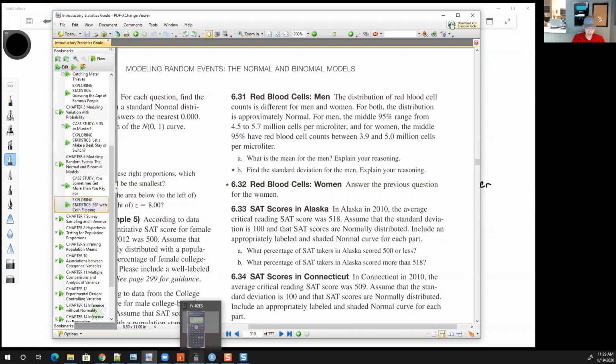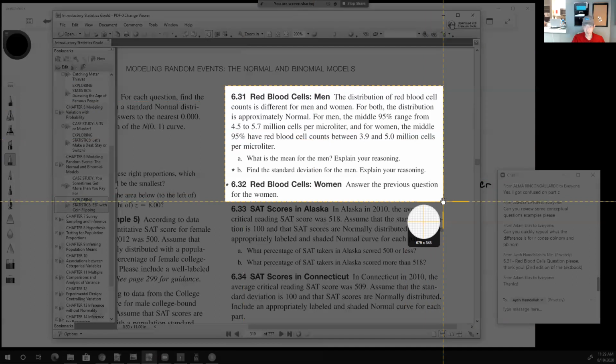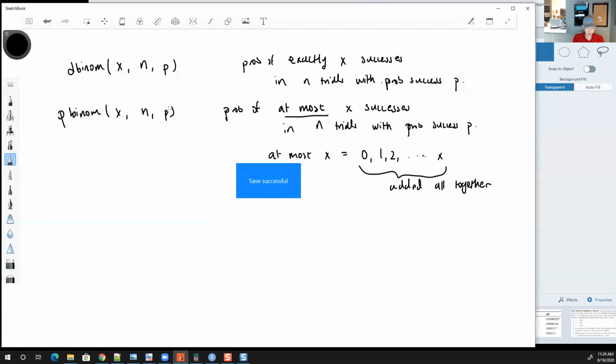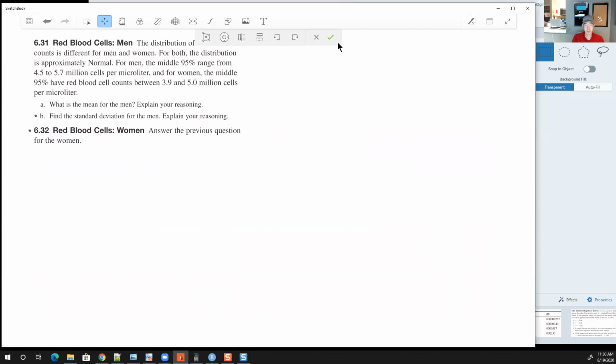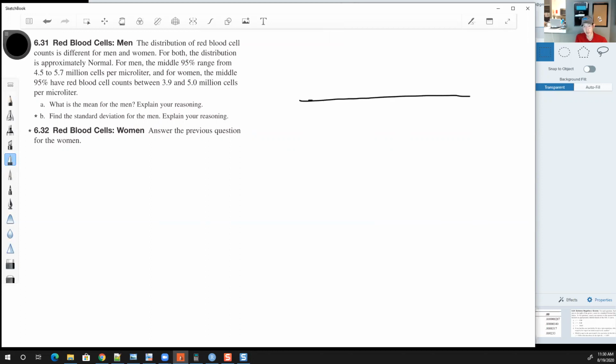Oh, okay. Let's do this. So we have the mean in the middle, and it says the middle 95% go from 4.5 to 5.7, and we want the middle 95%.